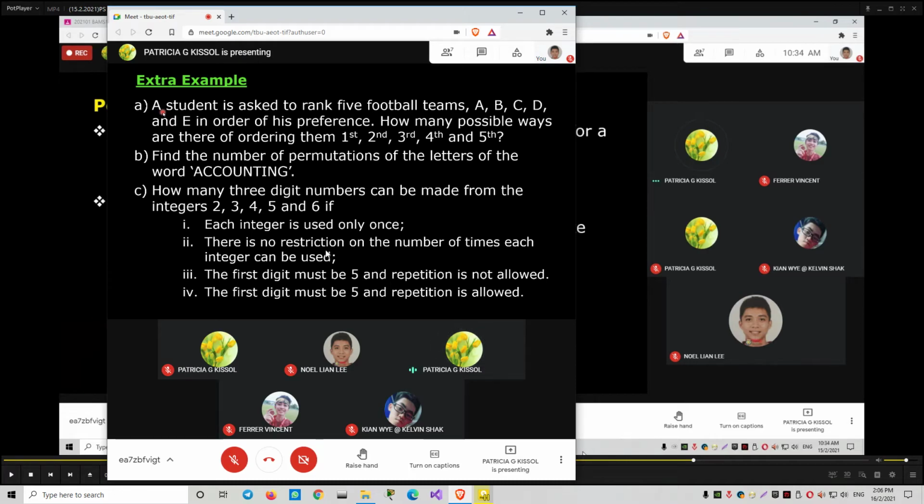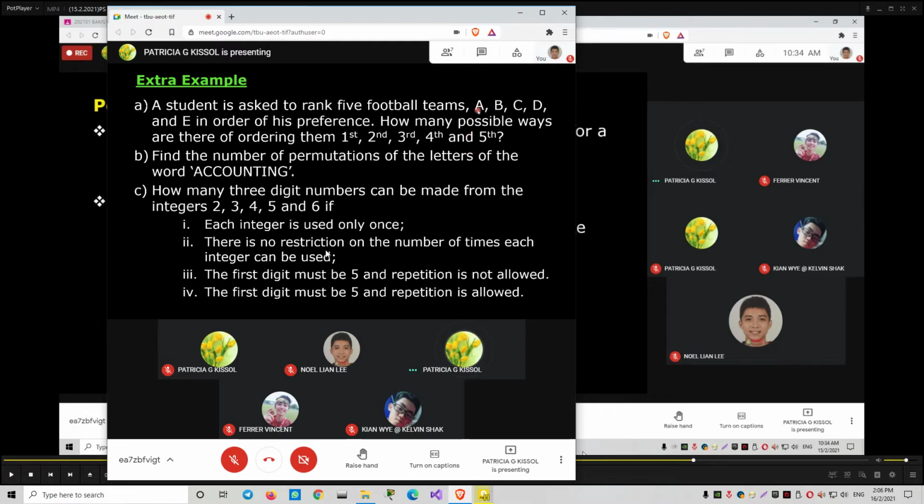This is where a student is to rank 5 football teams A, B, C, D, and E in order of his preferences. So how many possible ways are there of ordering them? The first, second, third, fourth, and fifth. The question may look long, but the solution of it is very, very simple.